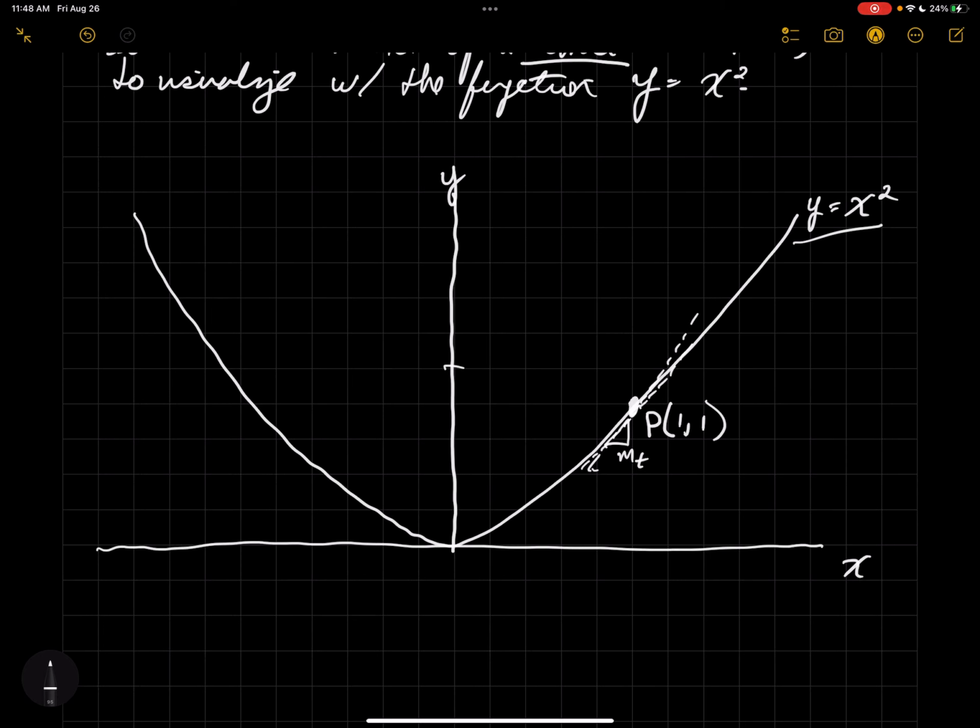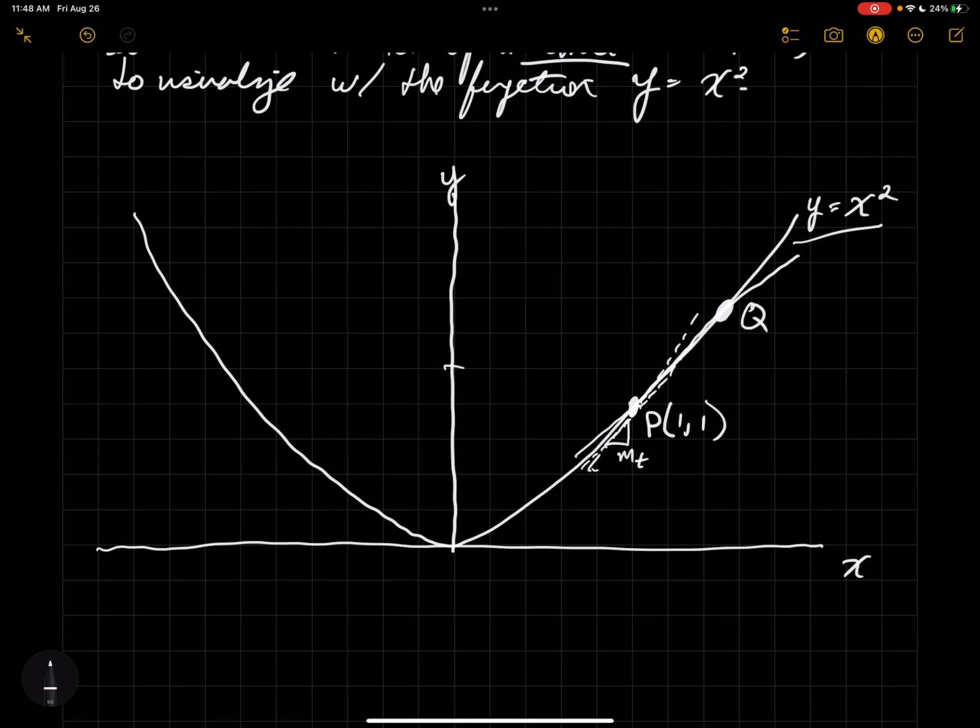So what do we do instead? Well, to get the conversation started, let's approximate the slope of this tangent line, m sub t, by determining the slope of a secant, a slice of a line that goes between points P and what we'll call Q.